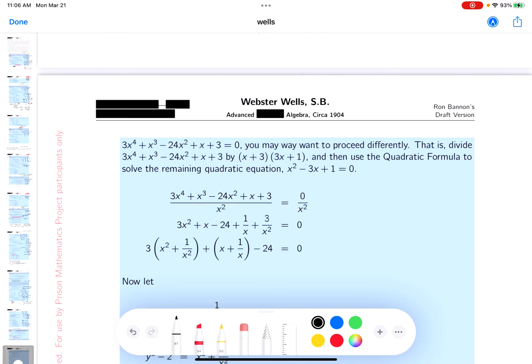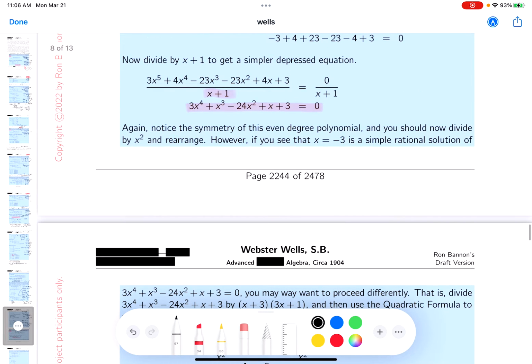If you divide through by x squared, and again, we're dividing this equation by x squared on both sides. x is not equal to 0, so it's okay to do that. What do you get? 3x squared plus x minus 24 plus 1 over x plus 3 over x squared.